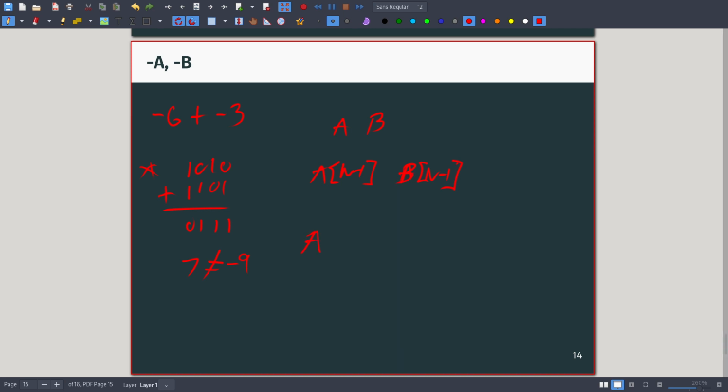So I'm just going to use a as an example, but it's the same as the sign of b. If you say the sign of a differs from the sign of c, where c is equal to a plus b, and remember, the sign is given by the most significant bit, that shows if an overflow has happened.